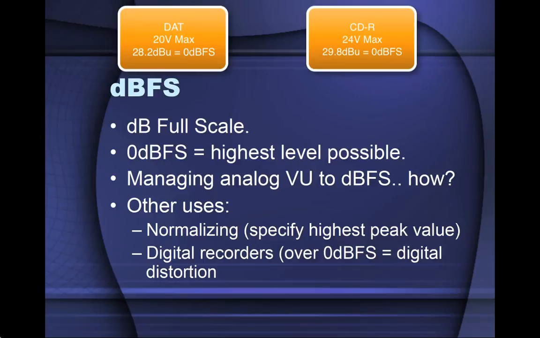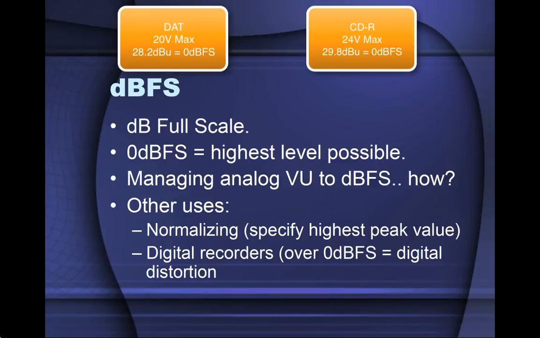Well, obviously if we send a signal out that's 20 volts, it's going to be 0 dBFS on the old DAT recorder. But the CDR that has a maximum input level of 24 volts, it's still going to have 4 volts of difference, so it's not going to be anywhere near 0 dBFS on that particular device.